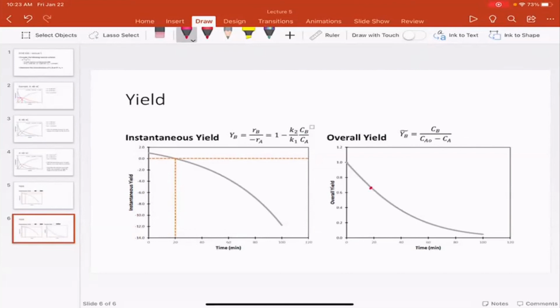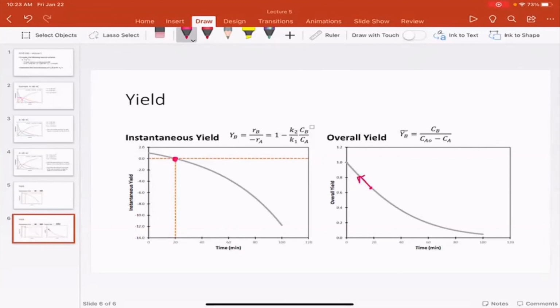And one of the things that we often want to do in a reactor is think about how in the world we can increase our yield. So how can we move this 0 point where we maximize the concentration of B, such that the actual yield is higher?